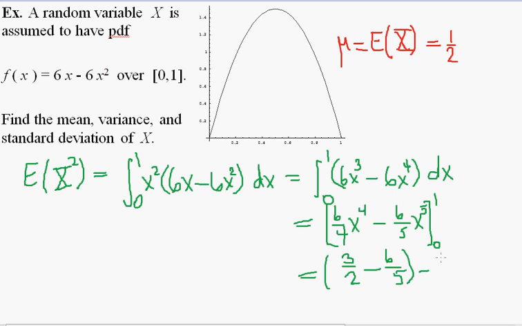Plugging in 0, we once again get 0 minus 0. And so we end up with 3/2 minus 6 fifths, which works out to be 3/10. So we'll keep this result up here, that the expected value of x squared works out to be 3/10.